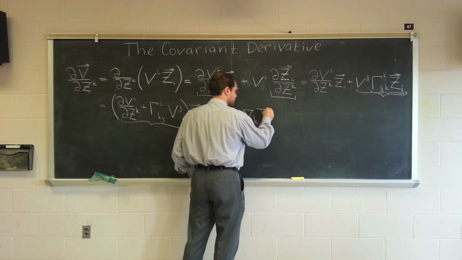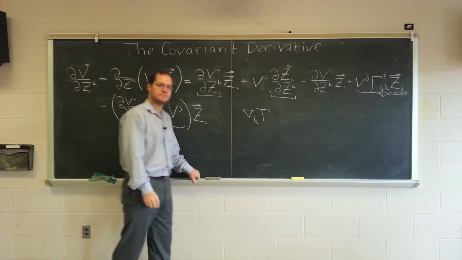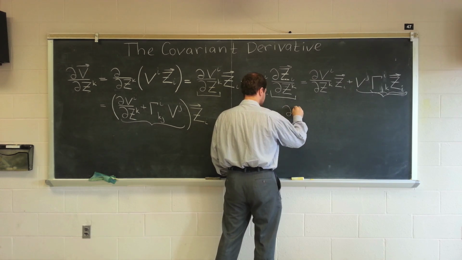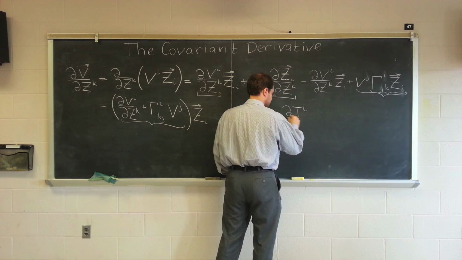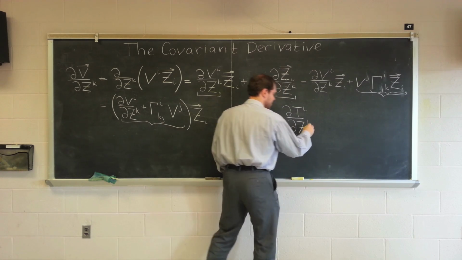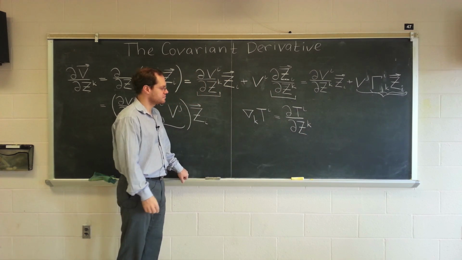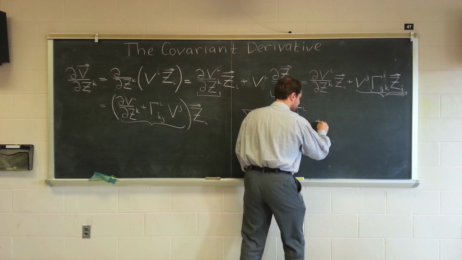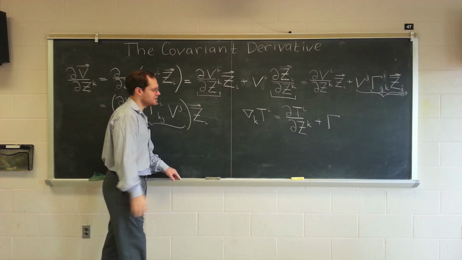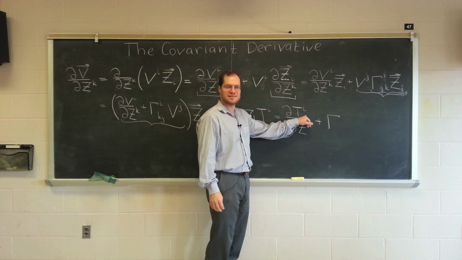Of any tensor Ti, you define it as the partial derivative dzk, and then plus, and now watch this, something having to do with the Christoffel symbol, and the indices will place themselves.